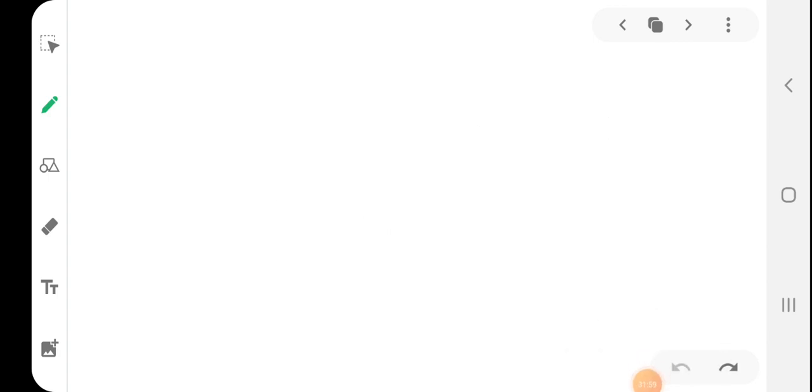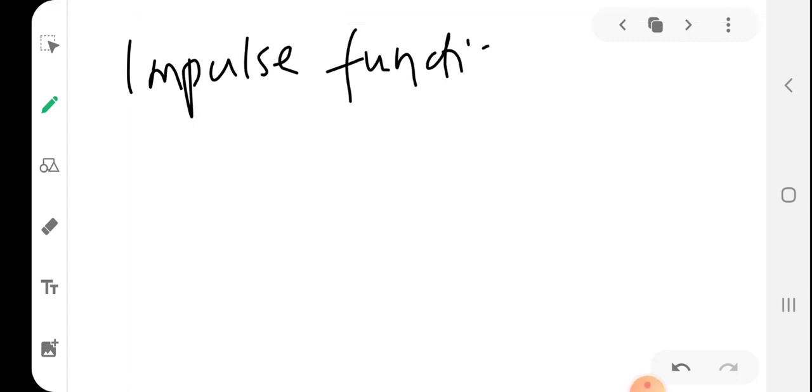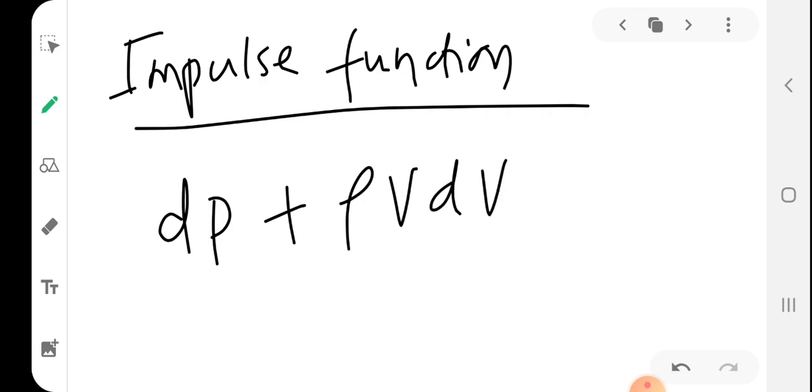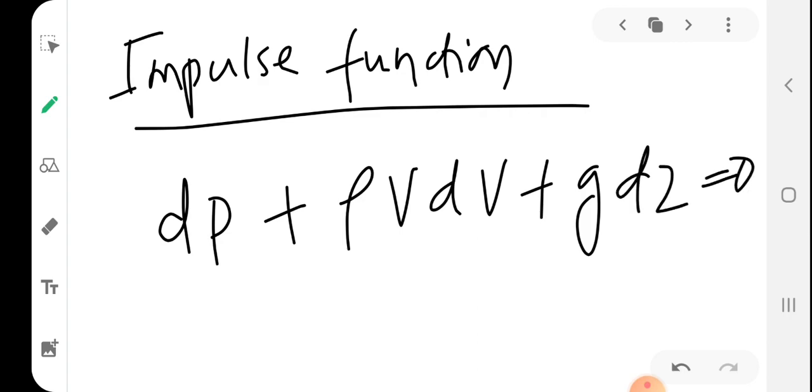We are now going to learn a new concept called impulse function. Have you heard of impulse function? Impulse function is nothing but a force term. For the momentum equation, we already learned Euler's equation: dp by rho plus v dv plus g dz equal to 0, derived while deriving the conservation of momentum equation.